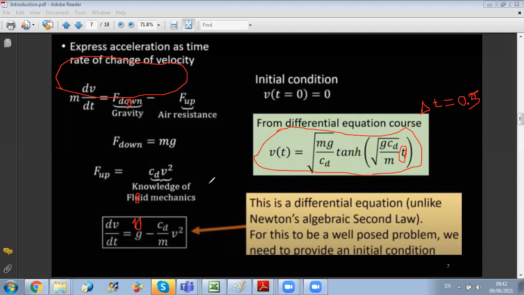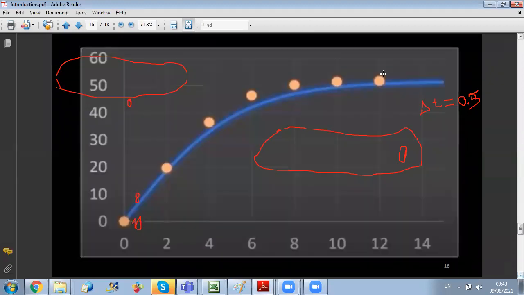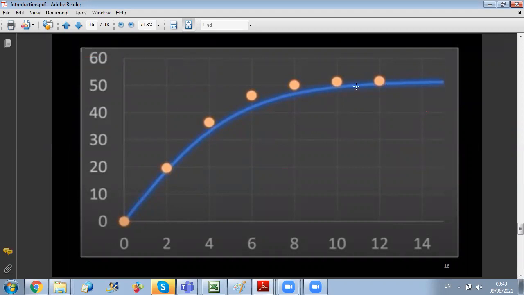But as delta t becomes smaller and smaller, then you will have more discrete points, and then you will be close to the exact curve. So let us see this. We will represent graphically the analytical and numerical solution. As you can see, the blue curve is a continuous curve and it represents the exact solution of our equation.